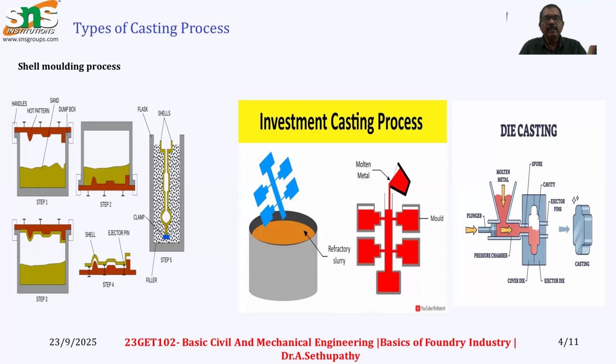The pattern is made with wax material. The wax pattern is dipped into a ceramic solution. After the wax is burned out, the ceramic forms the mold, and metal is poured in to get castings. This is used for impellers and diffusers. Accuracy and precision castings are made in the investment casting process.